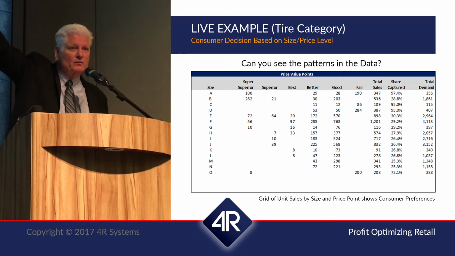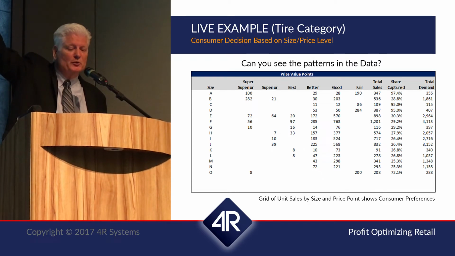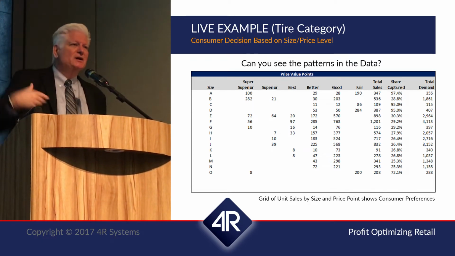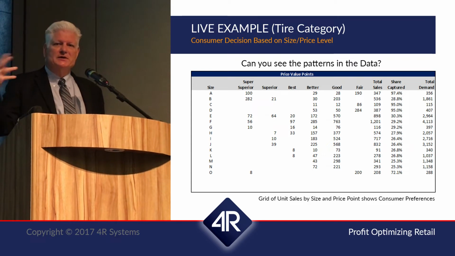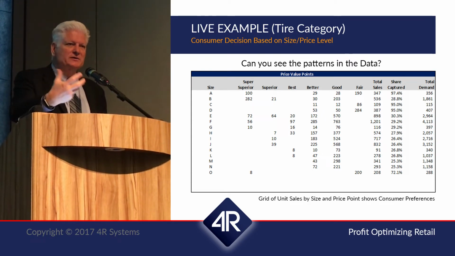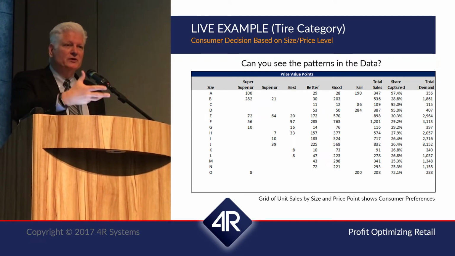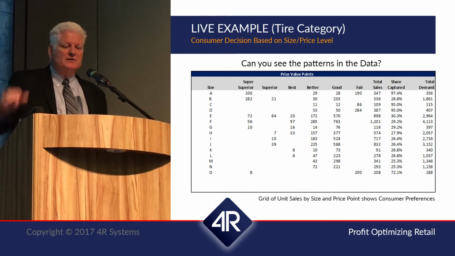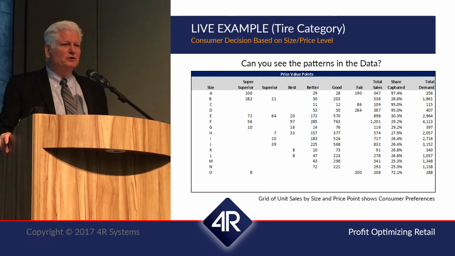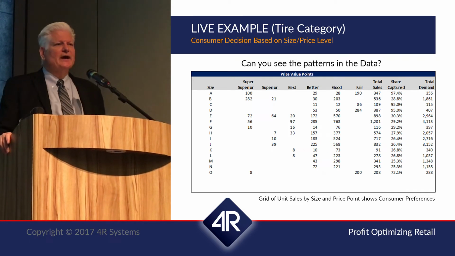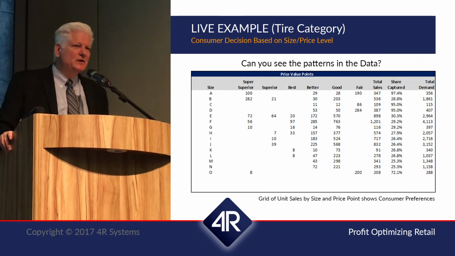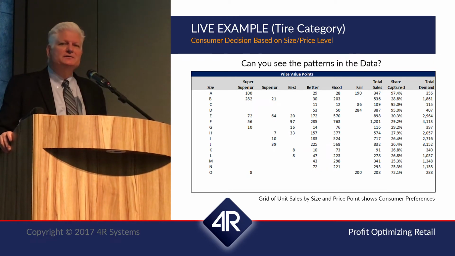The most expensive ones are over to the left, which is super superior. And the sizes, these are sizes that most of you probably see if you looked on the outside of your tires. It would say something like P55, R16, blah, blah, blah. Those are the sizes. But the key thing to look at here is, with just looking at that, can you pick out what the patterns are and what's going on inside of this category?